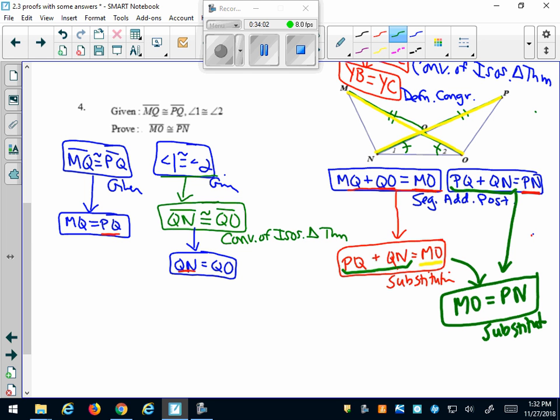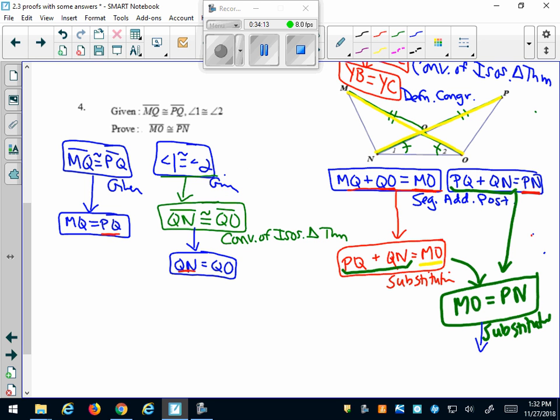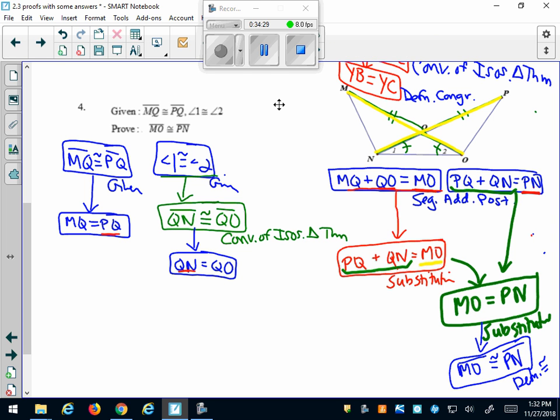Substitution or transitive. Now our proof says we want to prove they're actually congruent to each other. So we need one more step saying MO is congruent to PN by definition of congruent. Okay, the rest of the proofs in here I'm going to have you try on your own.